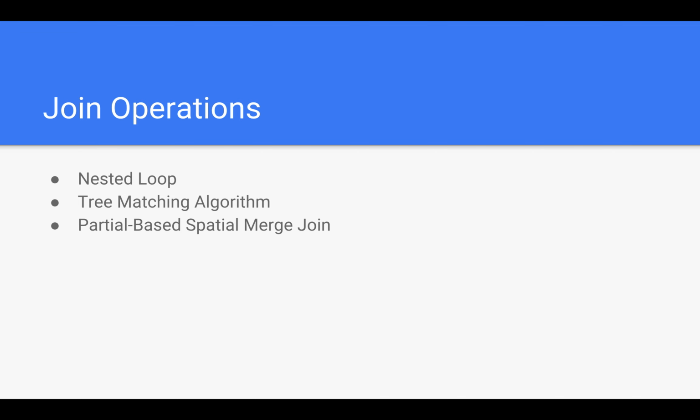And the second one is called the tree matching algorithm, which is based on observing the minimum bounding rectangles inside the R-tree, and the time complexity depends on the query key and the rectangle relations inside the R-tree. And finally, we have another method called partition-based spatial merge join, which uses unique IDs and the sweep line algorithm to do the join operation.